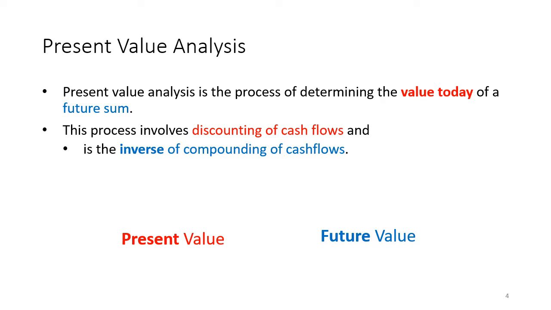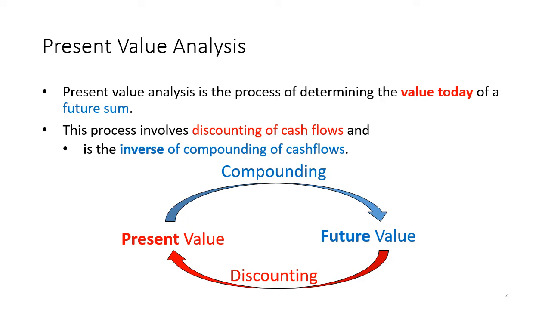We know we have present value and future value. When the present value is compounded, we get the future value. If it's the other way around, we discount the future value to find the present value.